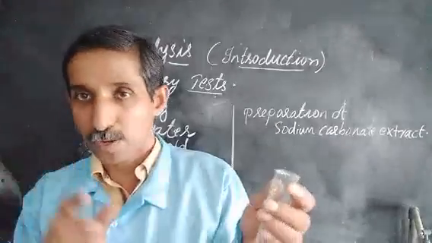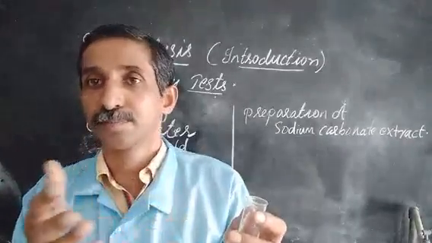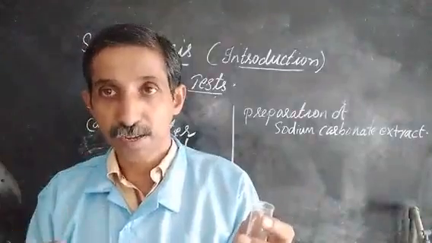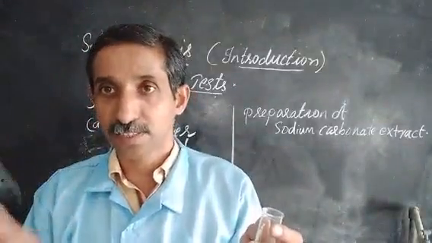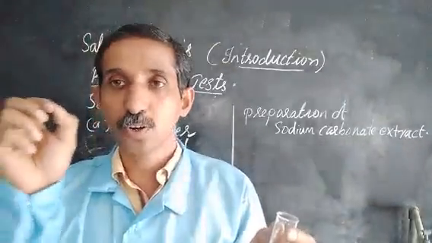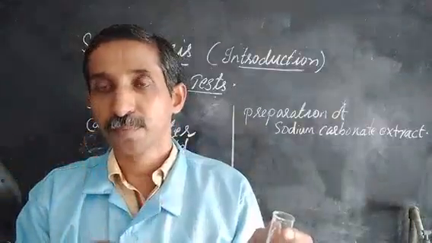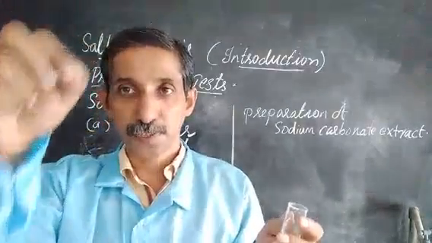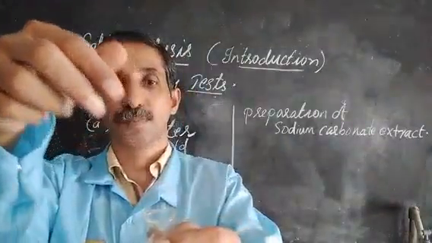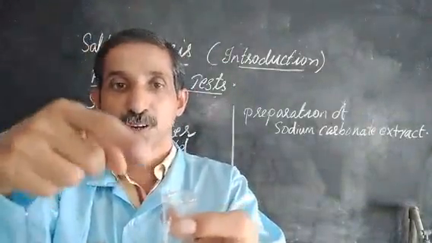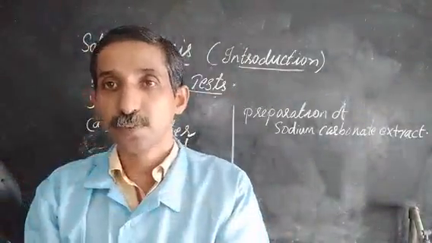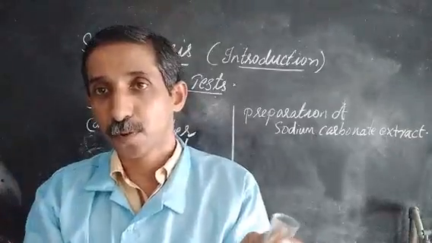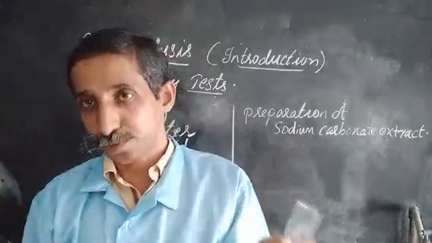Okay, for chloride, as I have told you, there will be a very pungent smell which can be tested once again with a glass rod dipped in ammonia. Take a glass rod, dip it in ammonia, show that glass rod to these evolving vapors. You will find the formation of very dense fumes.